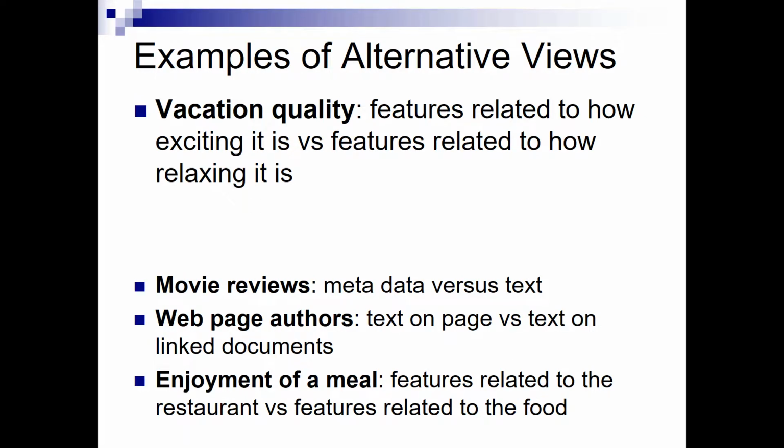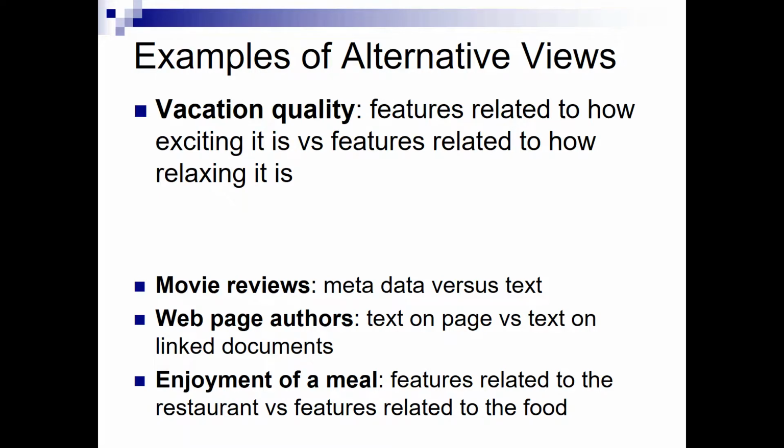So from a very qualitative perspective, you could think about what makes sense in terms of alternative views based on kinds of features. Let's say you had a prediction task where you were trying to assign vacation possibilities to quality categories. Would people like this vacation or not? Some features of a vacation might help you determine how exciting that experience would be, and others might be related to how relaxing it would be.